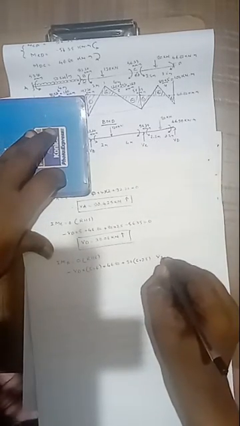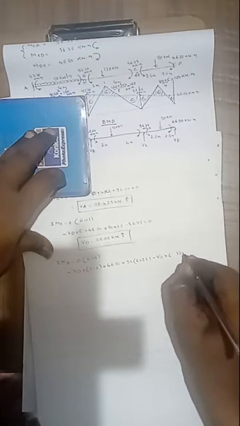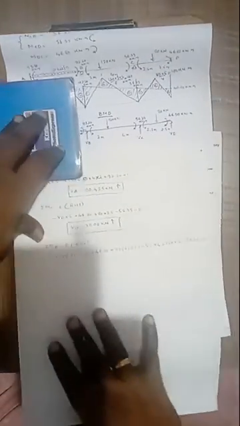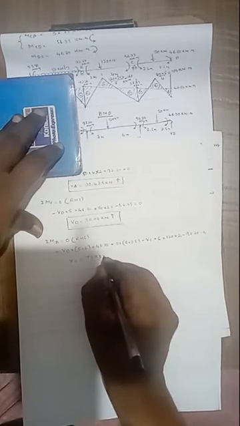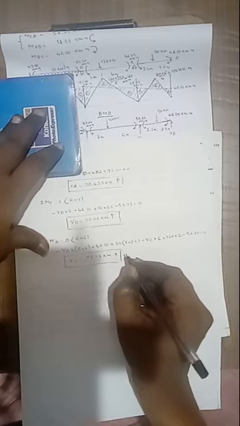Then VC into distance 6 is anti-clockwise. Then 120 into distance 2 meter is clockwise. Then the support moment 92.2 is anti-clockwise, and this equals 0. Therefore VC is the only unknown, and VC equals 75.95 kilonewton, which is positive, that means upward.